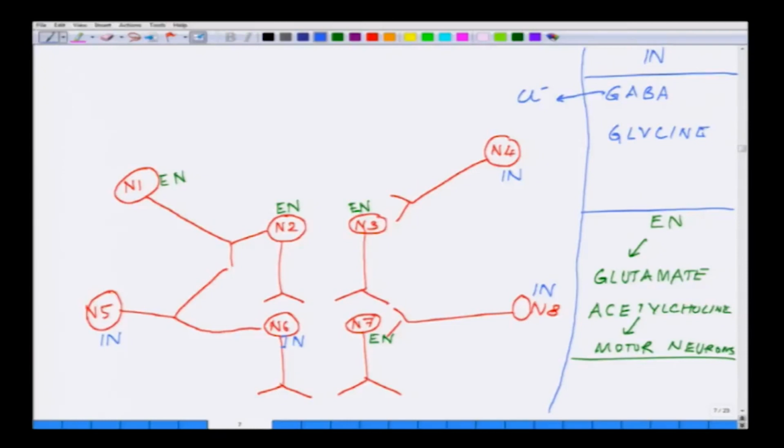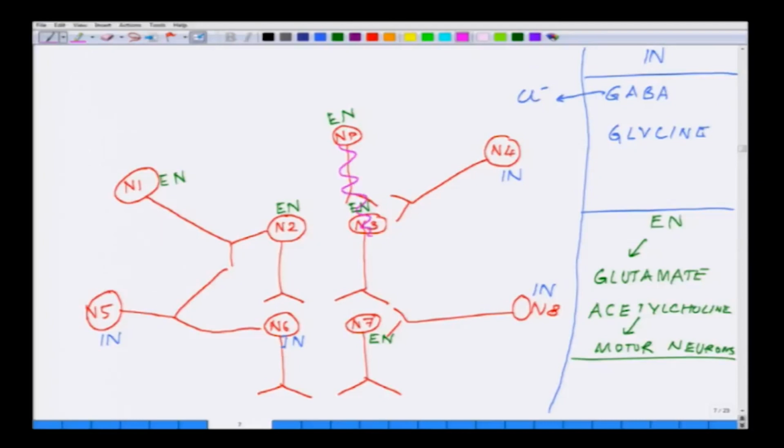So, now this neuron, say for example, this IN is receiving from NP, okay, which is also an excitatory neuron. So, say for example, from NP, an electrical impulse is traveling all the way, an excitatory signal all the way out here.